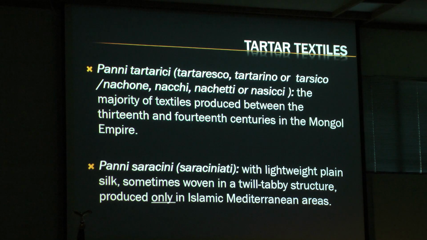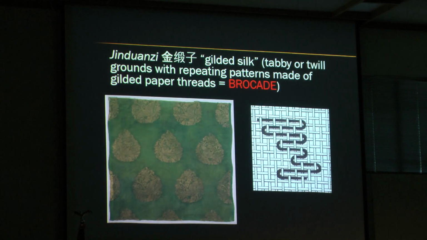In particular, I found, and I believe that they are the right ones, 3 types. So the first one is the jin, the brocade of the Jin dynasty, gilded silk that was created, as I told you, during the Jin dynasty, and is made of tabby and twill with a golden brocade.